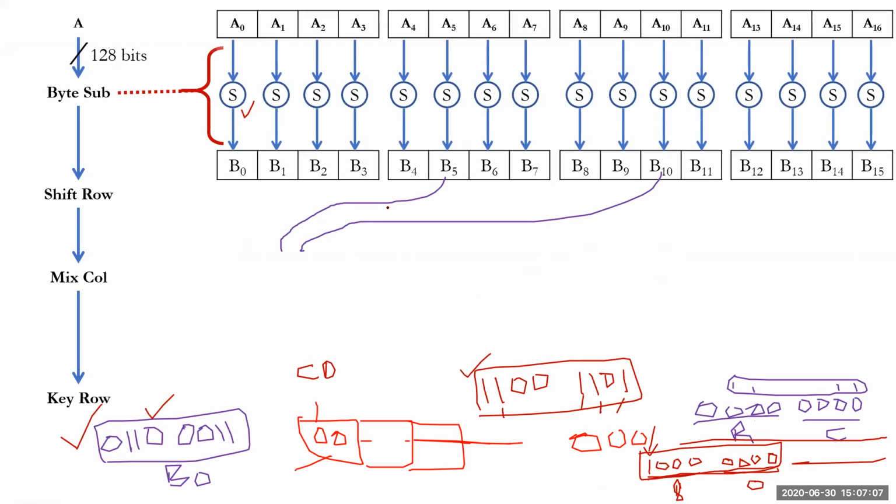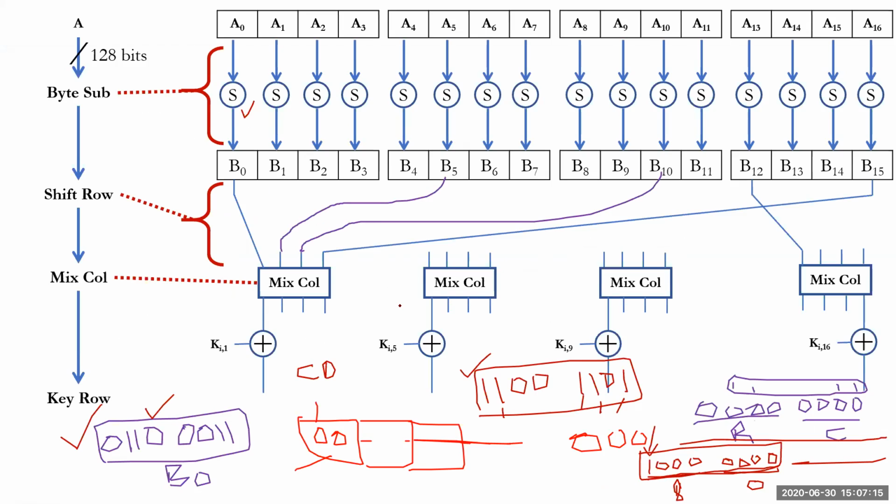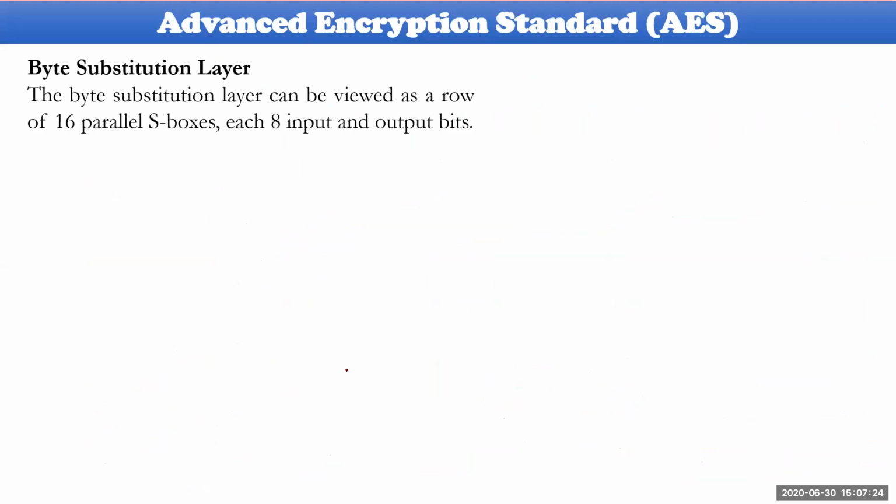So these are the operations that take place across the 4 layers from a high-level point of view. We also discussed the byte substitution layer.